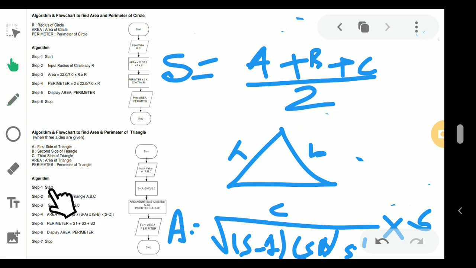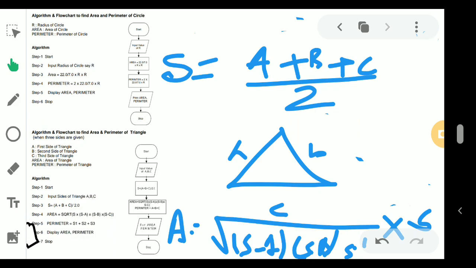The first step is to write start. Step 2, input the sides of the triangle: side A, side B and side C, since three sides are there and three values are required. Next we find the semi-perimeter S, which is A plus B plus C divided by 2.